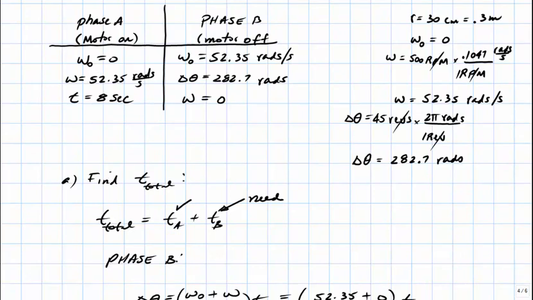Let's once again examine the table. Within our table, under phase A, we can see that omega 0 is known, omega is known, and time is known. And anytime we have three variables that are known, any other variable can be calculated. And so let's use these three variables towards calculating alpha.